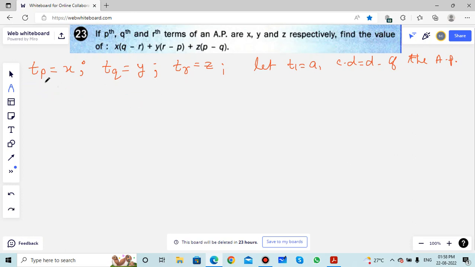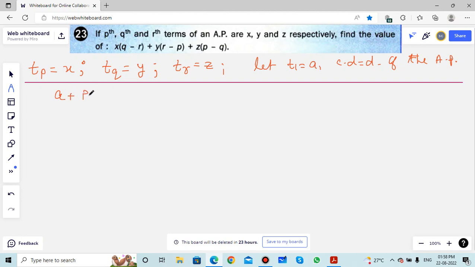So let me first draw a line. Okay, now after that we will start here. Now what is Tn? That is a plus n minus 1 d. Here it will be a plus p minus 1 d.